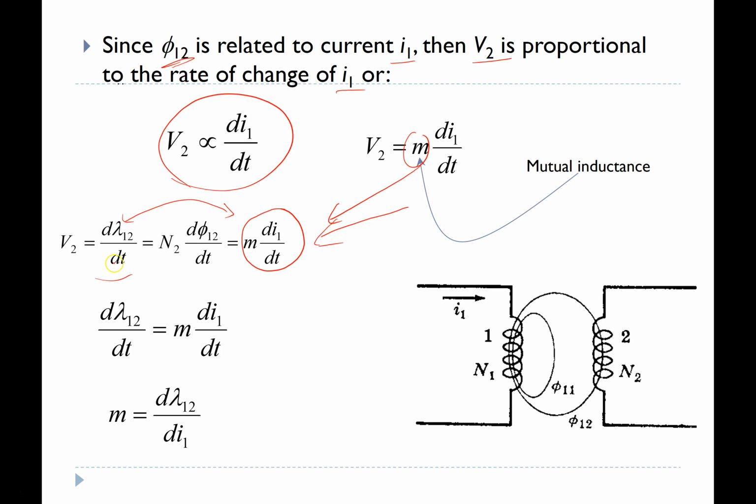So we could set this equal to this, and we could then get rid of these, and we will get M is equal to d lambda 12/di, which is flux linkage per current, which is the definition of inductance. But now the flux linkage is the flux linkage between two separate coils, which is why we call it the mutual inductance.